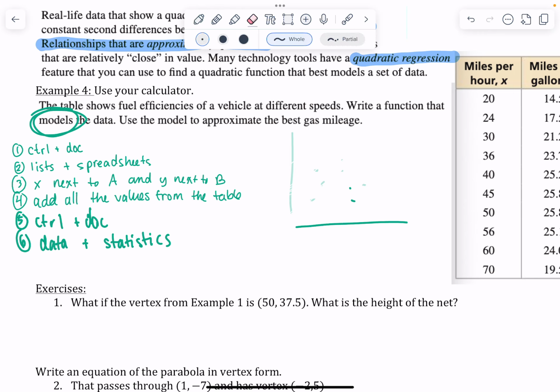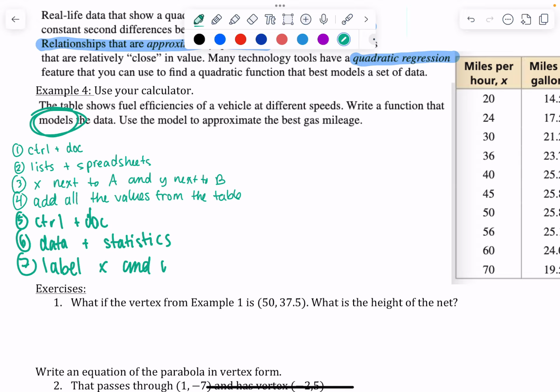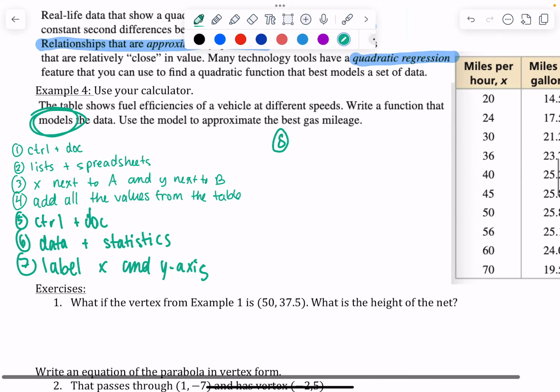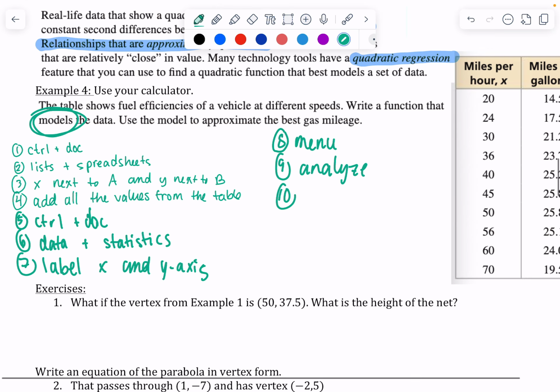So at this point, what you want to do is label your X and Y axis and the points you should see move to create a scatter plot. And then from there, you are going to hit Menu, Analyze, Regression.